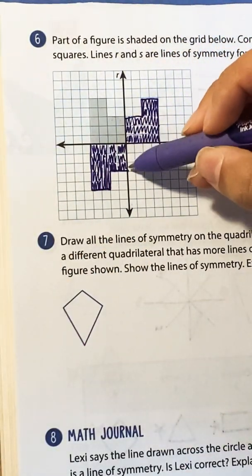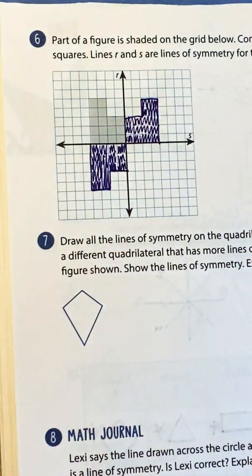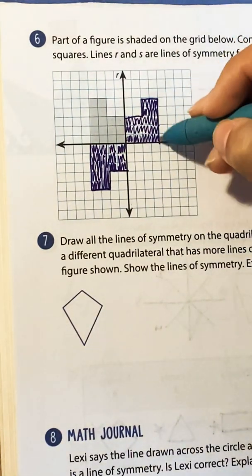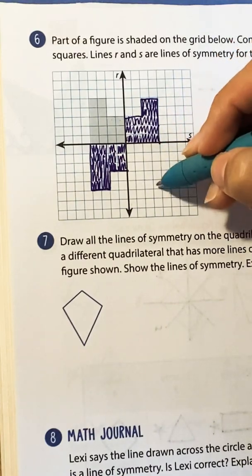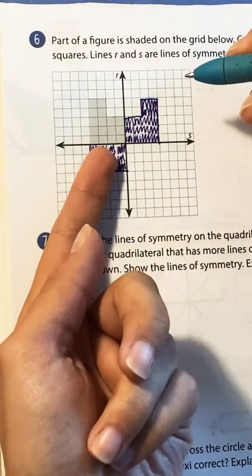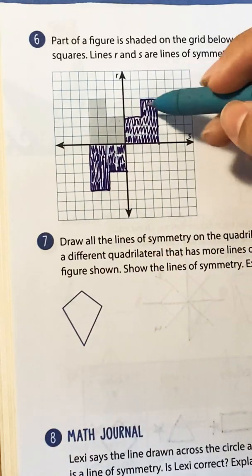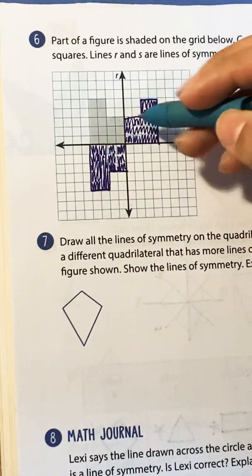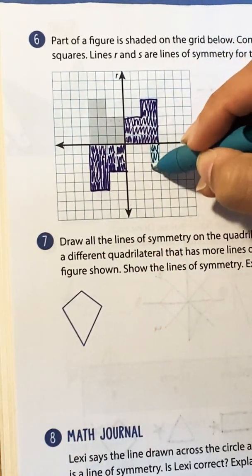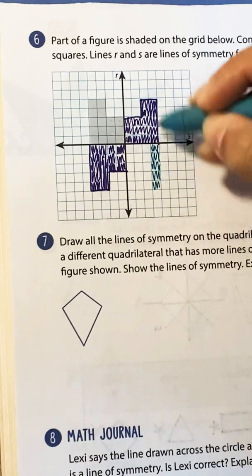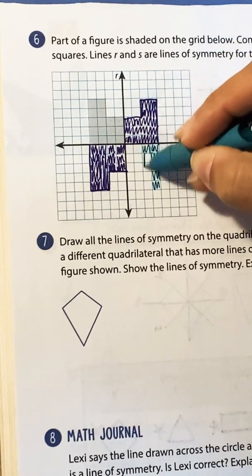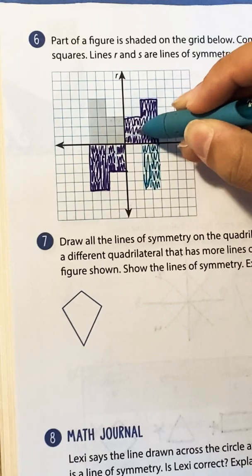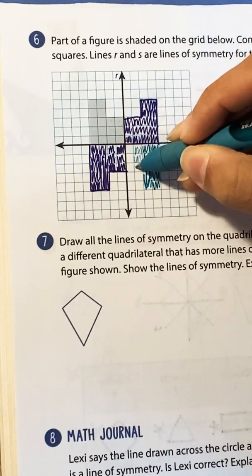And then I have to do the same thing, but in this quadrant. Maybe I can change colors so that it's a little clearer. So I can do the same thing. I can flip this bottom part over down here, or I could flip this quadrant, flip it over here. So either way, 1, 2, 3, 4, 5. 1, 2, 3, 4, 5. Another one of 5. And then 3, 2, 3.